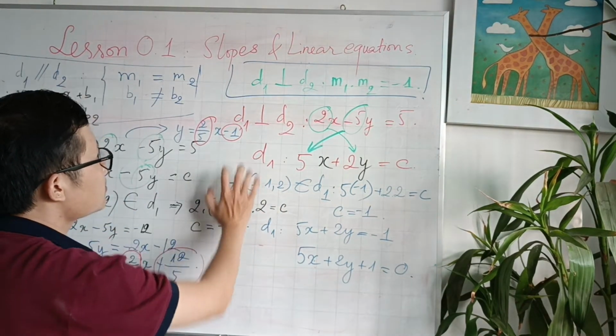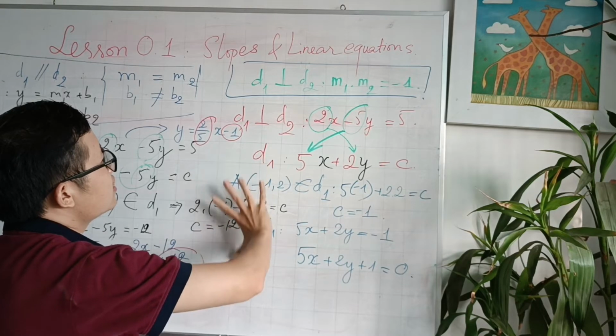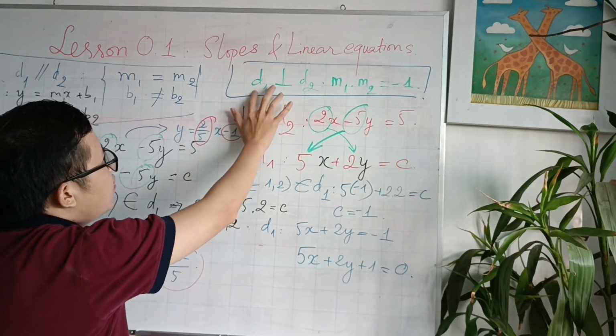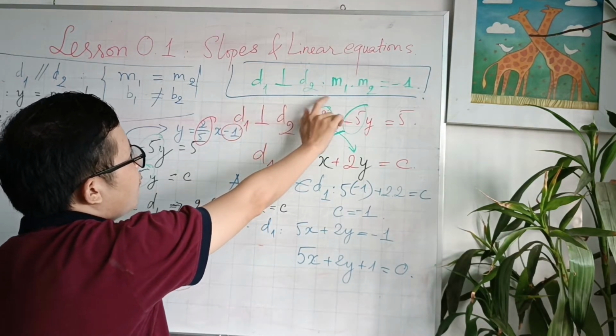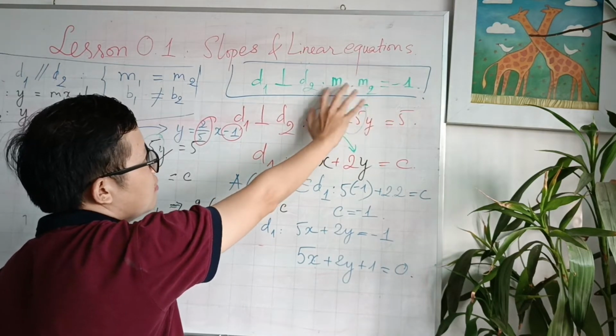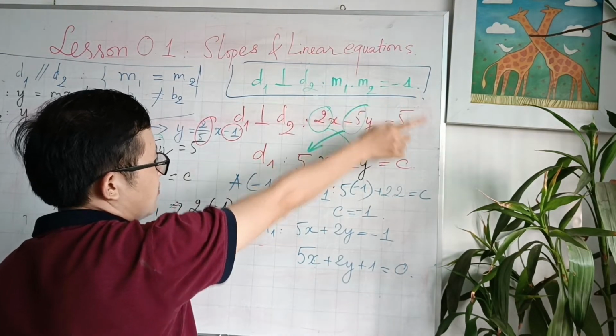And in the second formula, we have D1 perpendicular to D2, and the product of the two slopes is -1.